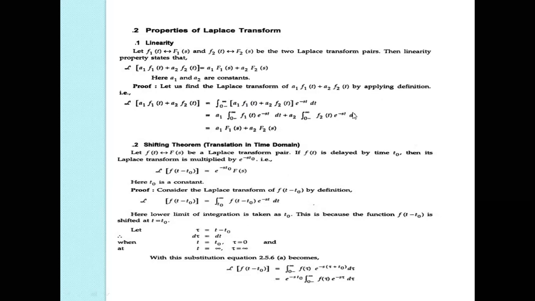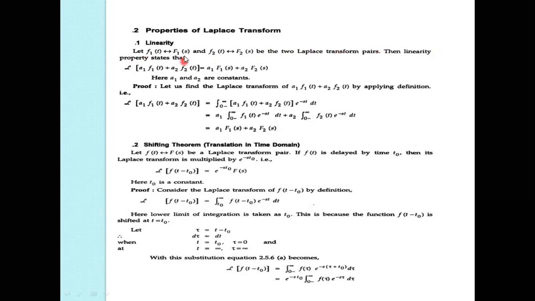The first one is the linearity property only. What is the linearity property? The statement is: f1 of t and f1 of s, and f2 of t and f2 of s, be two Laplace transform pairs.